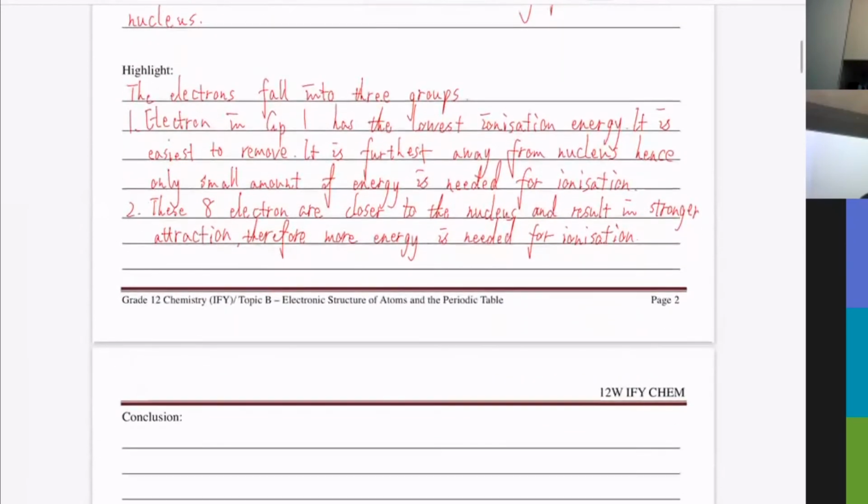So the conclusion we can draw from this diagram is that electrons in sodium are located in 3 different shells.